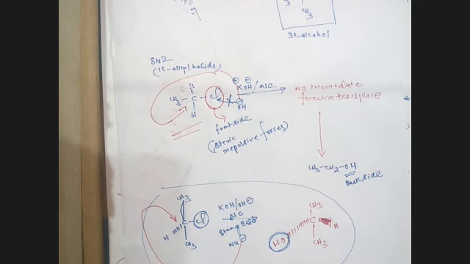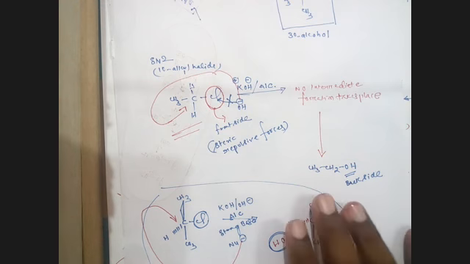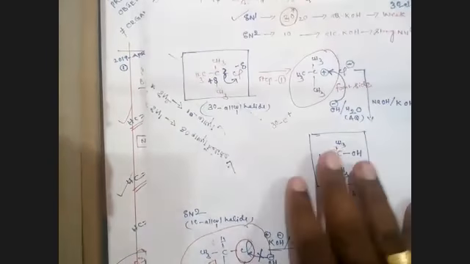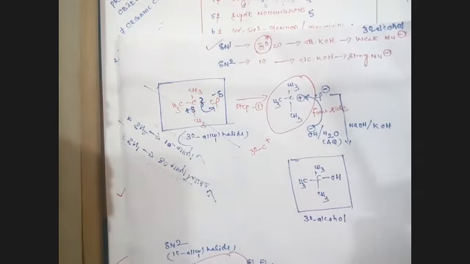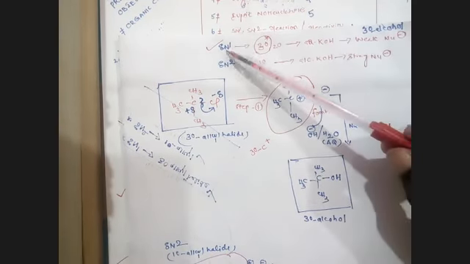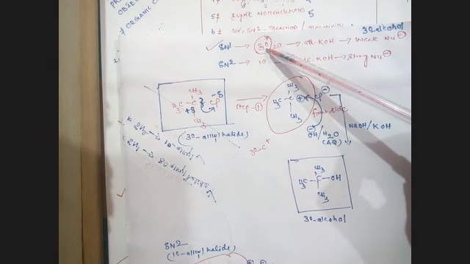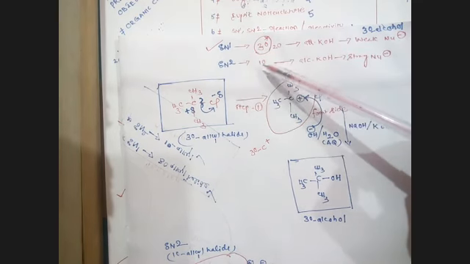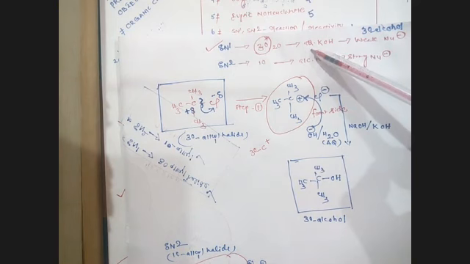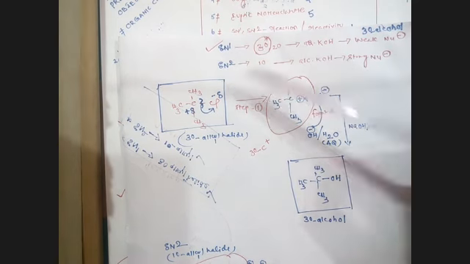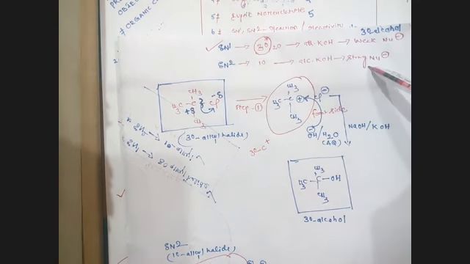Friends, I will give you some suggestions. When you are identifying SN1 reaction and SN2 reaction, keep this very important point in your mind. SN1 reaction is for tertiary alkyl halide, SN2 reaction for primary alkyl halide. SN1 has mild basic condition, SN2 strong basic condition.